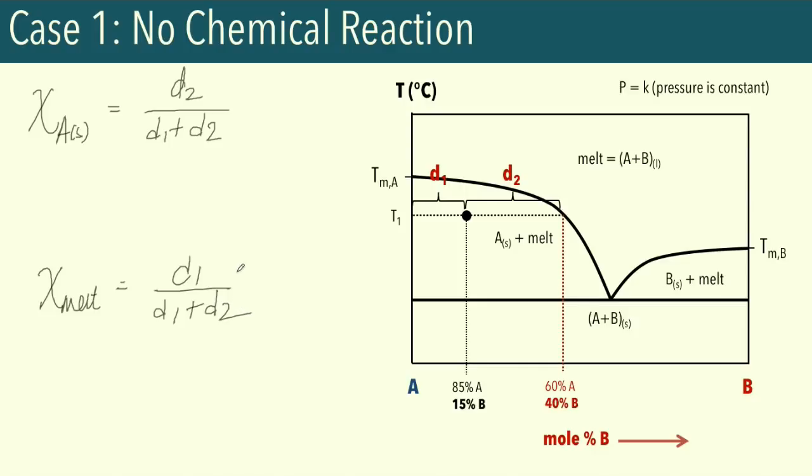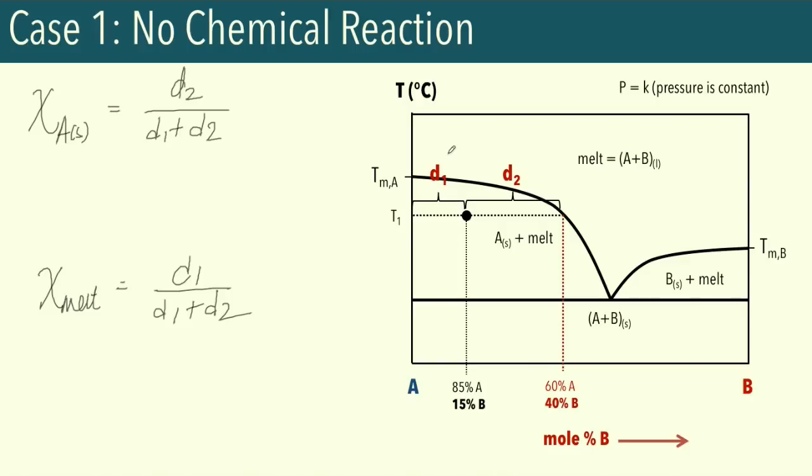Note that we could actually use the values on the phase diagram as a basis for our distances. Our x-axis here is in terms of mole fraction of B, so we could use the values of B given here in order to determine the distances.